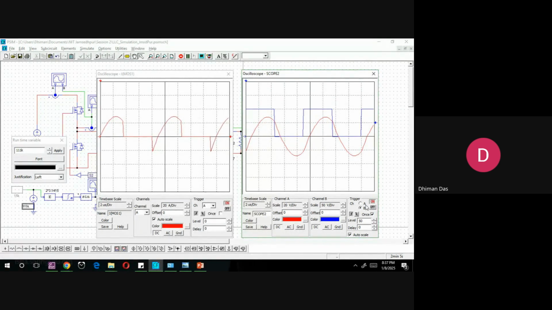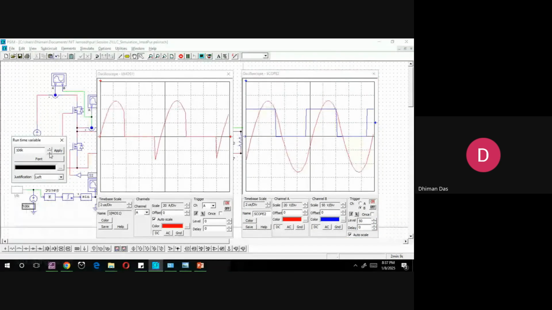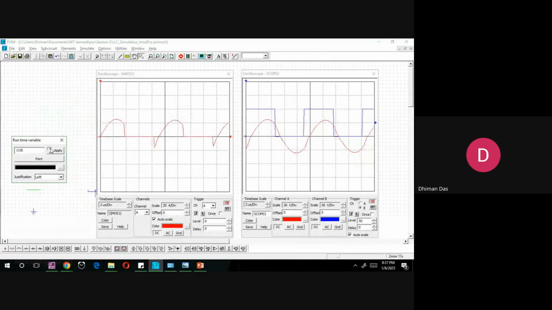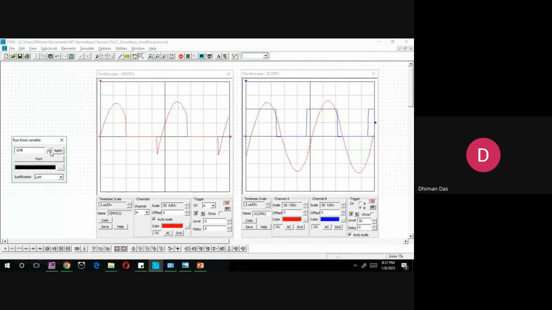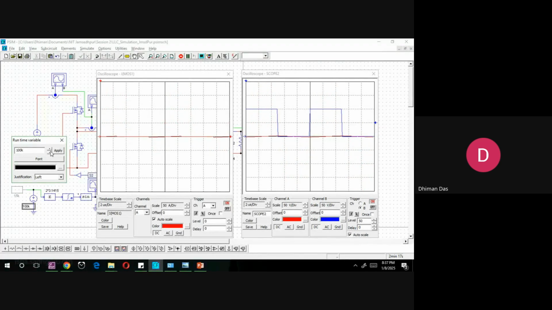Now if I reduce the frequency, you can see that when I reduce the frequency, this negative current is shifted from here to here.